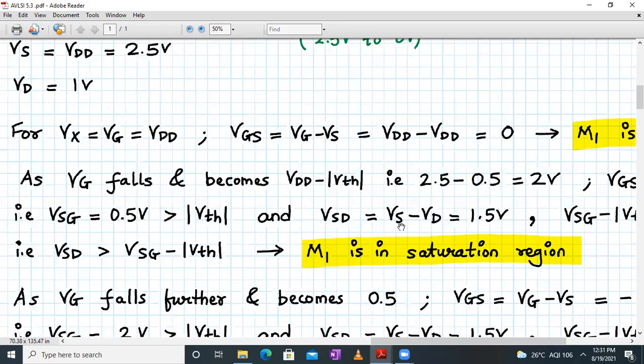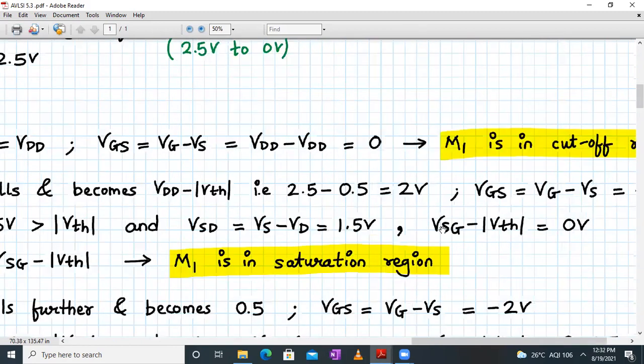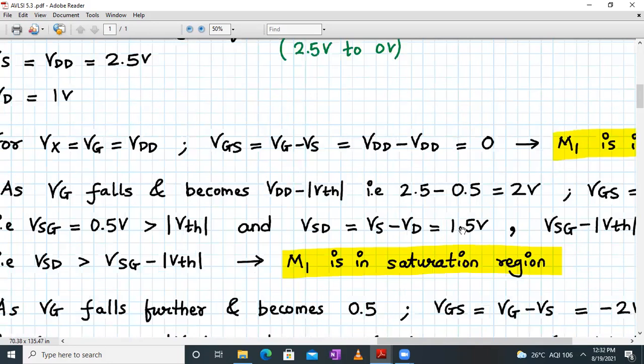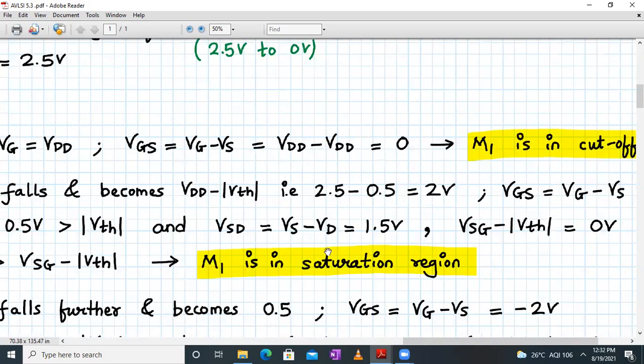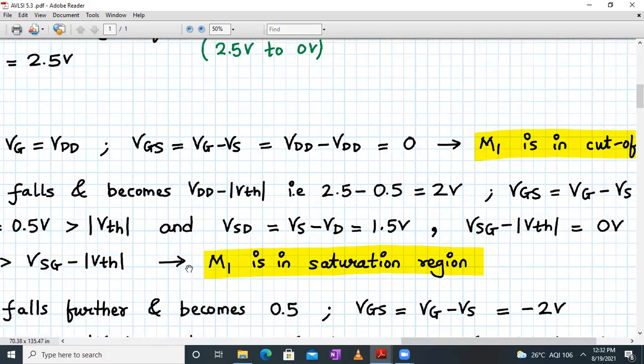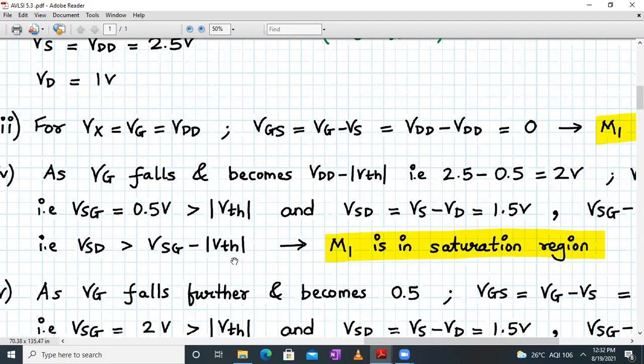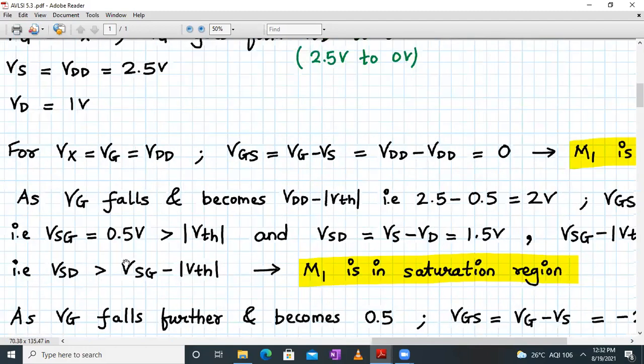VS value is 2.5, and my drain voltage value is 1. So VSD is 1.5. And VSG minus mod of VTH is 0.5 minus 0.5, which is 0 volt. So whenever VSD, 1.5 volt, is greater than VSG minus mod of VTH, my M1 transistor is in saturation.